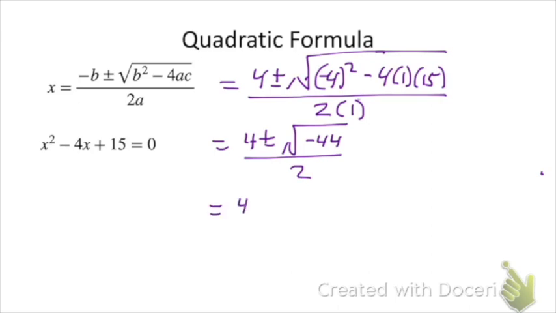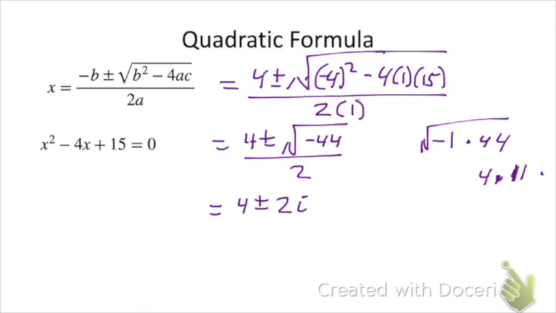We are going to simplify our radical. We've done complex numbers. We have a negative 44, so we're going to pull out an i, because this would be like negative 1 times 44. We're going to pull out an i, and a perfect square that divides into 44 is 4, because we could have this as 4 times 11. So we can pull out the square root of 4, which is 2.